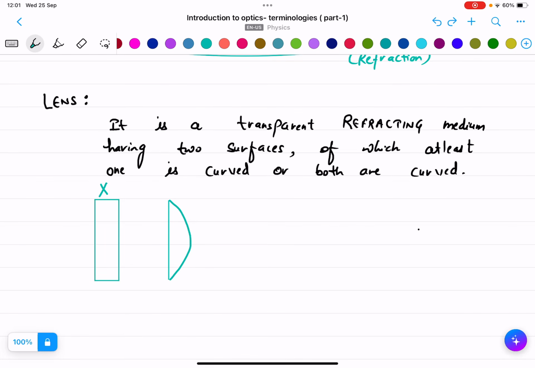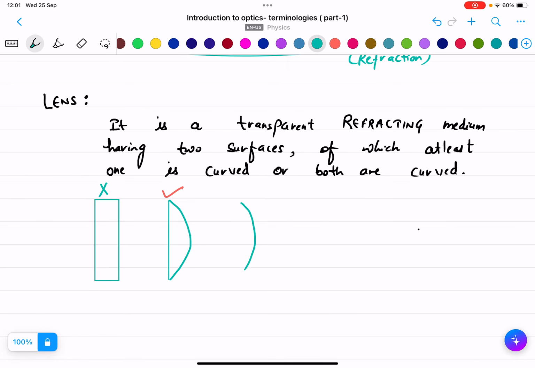Is this a lens or not? Yes, this is a lens. Why? Because one of the surfaces is curved. Let me give you another example. Tell me, is it a lens or not? Yes, this is a lens because both of the surfaces, this surface and this surface, are curved. So this is a lens.